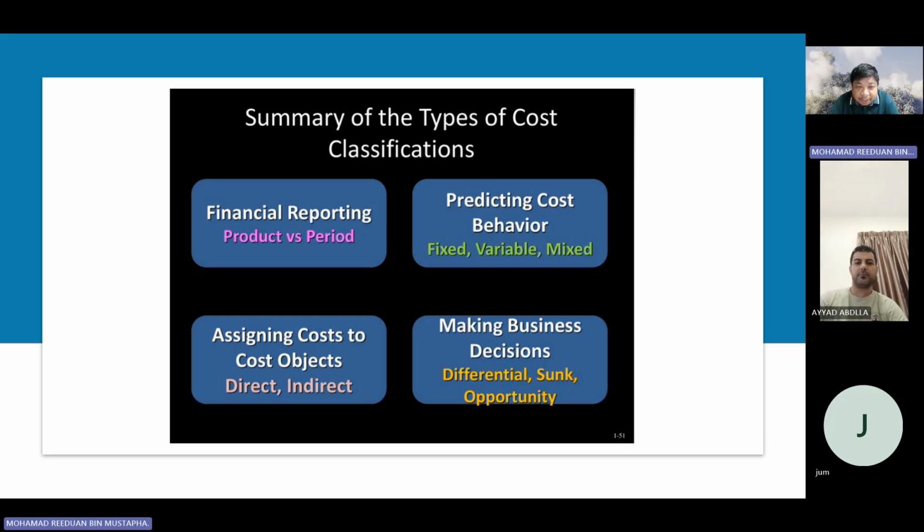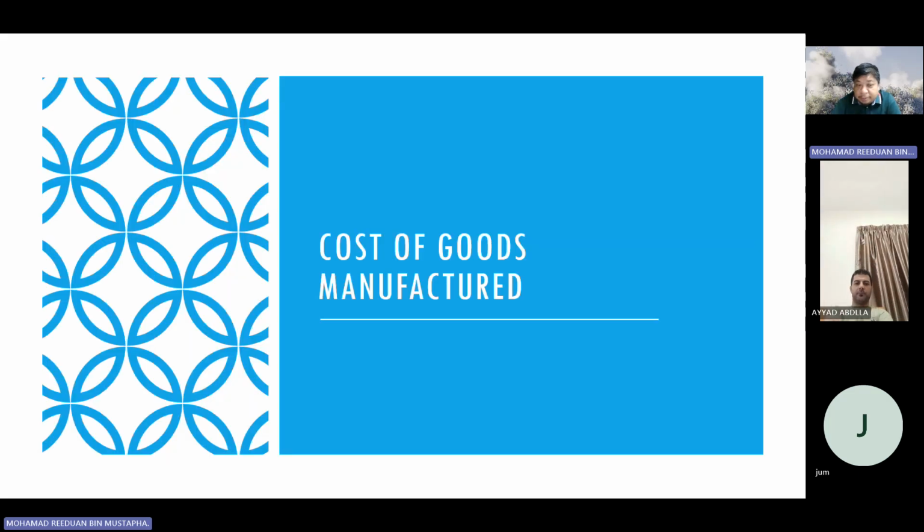Predicting cost behavior, you should know whether it's fixed, variable or mixed. Assigning cost to a cost objective, either direct or indirect. Making business decisions: differential costs and opportunity cost. These are what you need in order to understand the classifications and make decisions. Okay, now we go to the cost of goods manufactured.